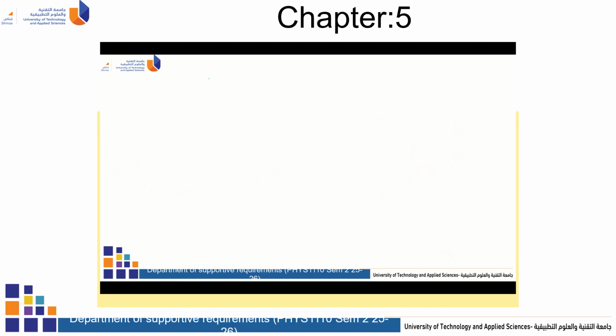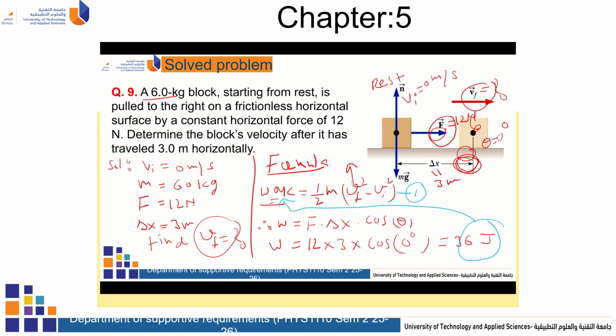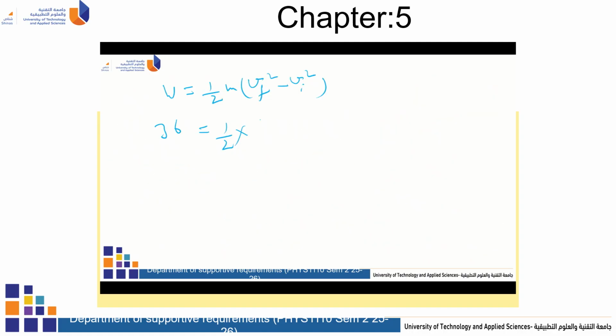So 36 equals 1 by 2 times the mass of the box, which is 60 kilogram, times vf square minus vi square. The value of vf we have to find, and the value of vi is 0.